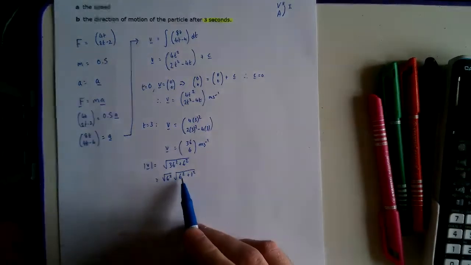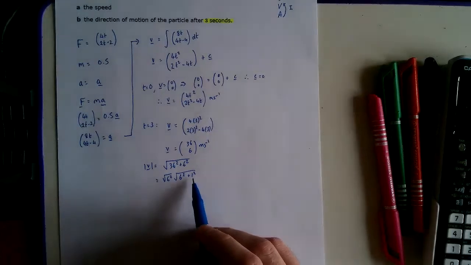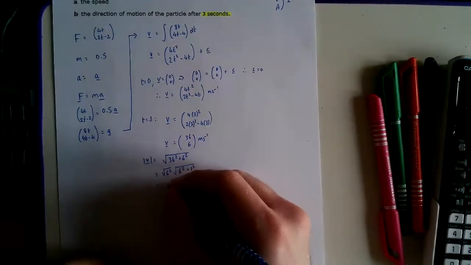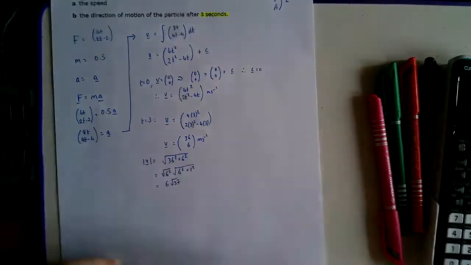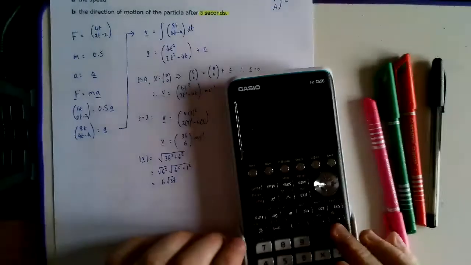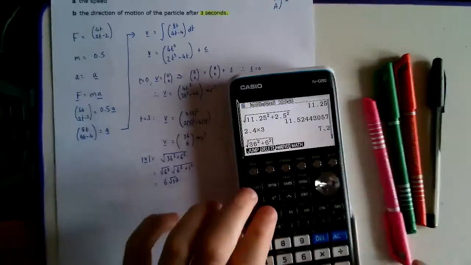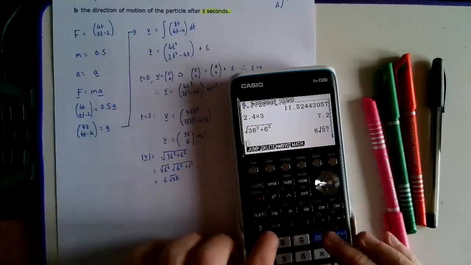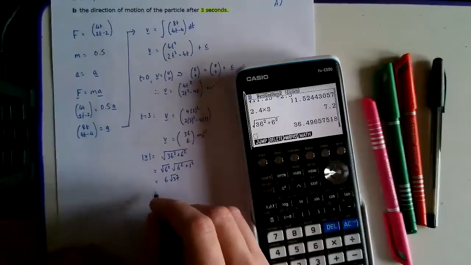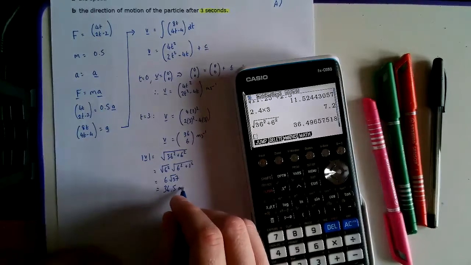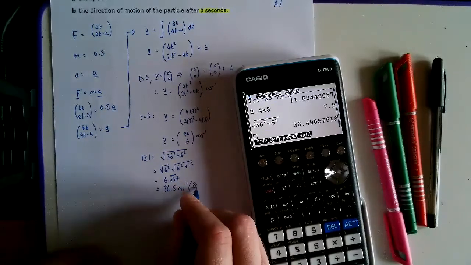Well, 6 squared is 36, plus 1 squared is 1, so that's 37. And root 6 squared is 6, so 6 root 37. Just to show you that works: square root of 36 squared plus 6 squared gives 6 root 37. Or if you wanted that as an approximation, 36.5 meters per second to 3 significant figures.